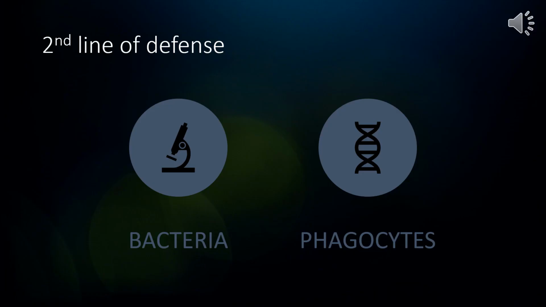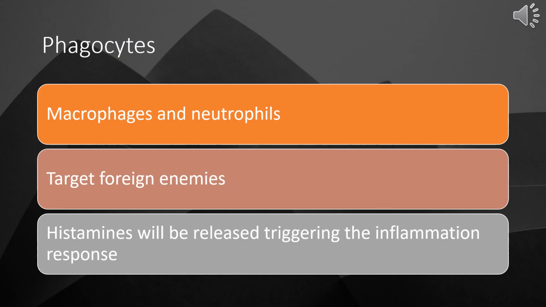Moving on to the second line of defense, it's going to be bacteria and phagocytes. I want to focus more on the phagocytes than the bacteria aspect of the second line of defense. So the phagocytes, we have two main ones, the macrophages and the neutrophils.